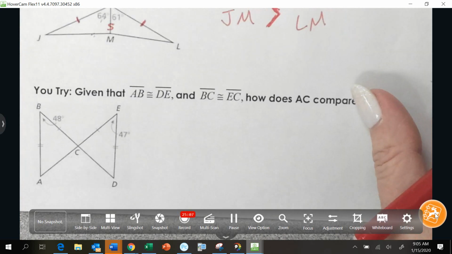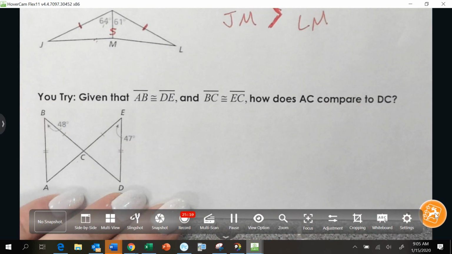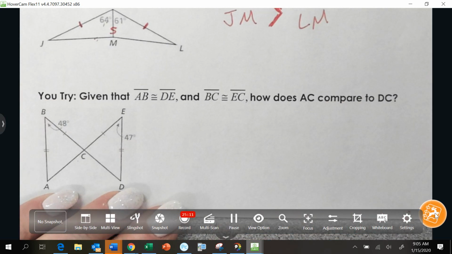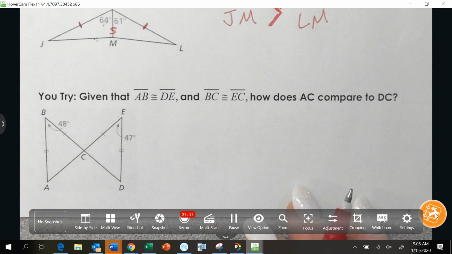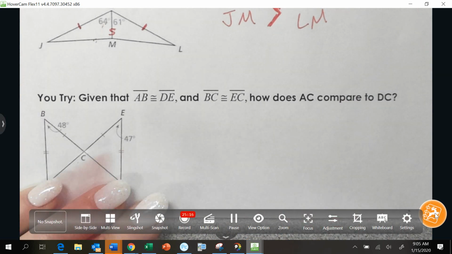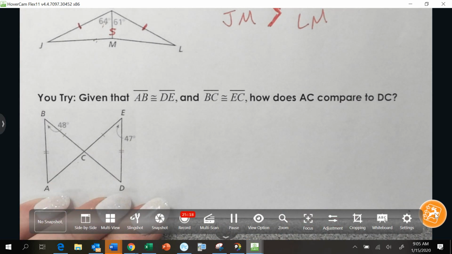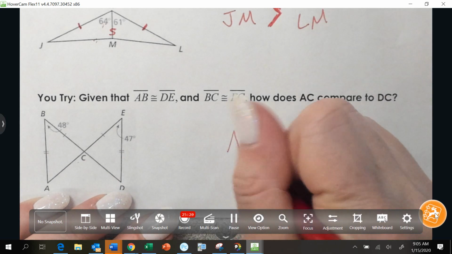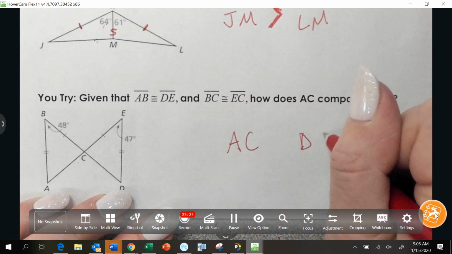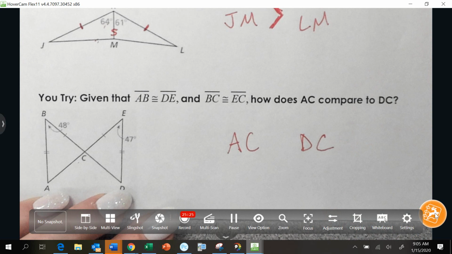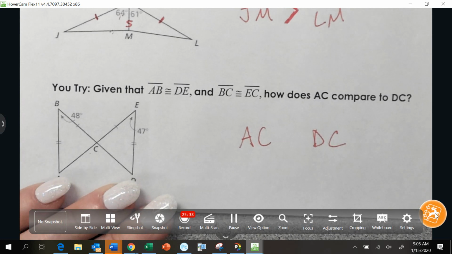All right, and then AB congruent to DE, BC congruent to EF. We know the measure of angle B, we know the measure of angle E. We need to know how AC compares to DF. Jesse, I'm going to call on you.